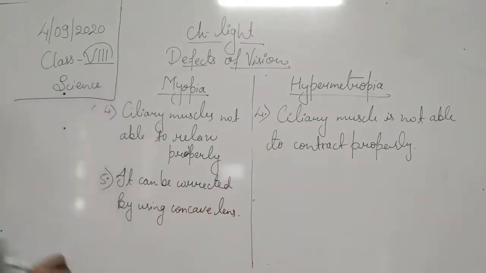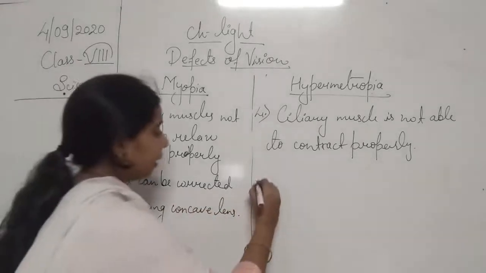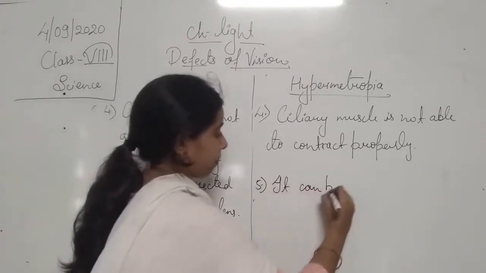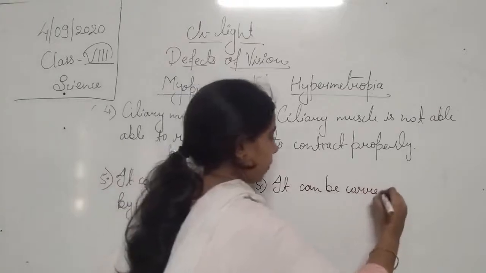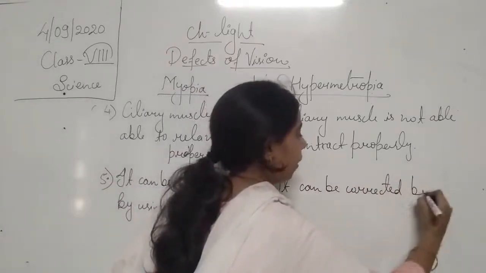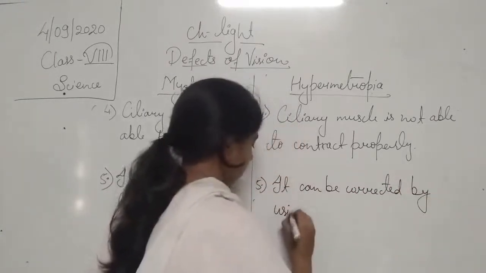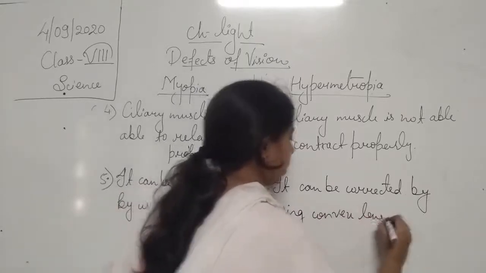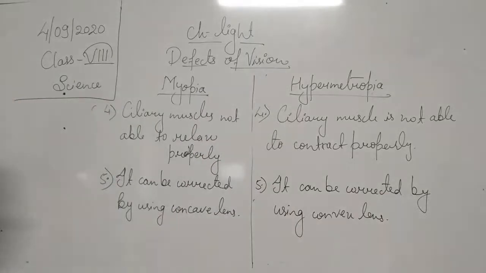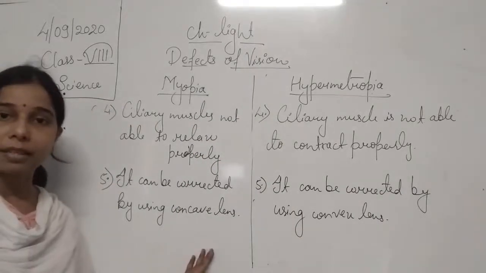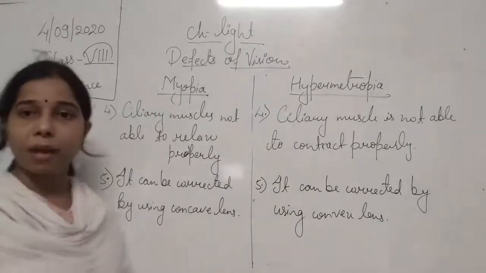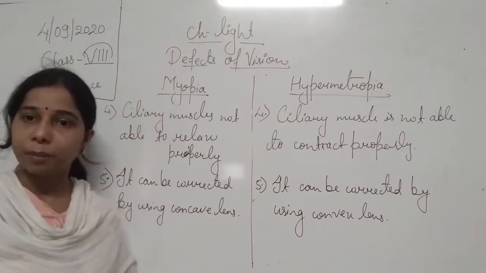And here we can write it can be corrected by using convex lens. So one can be corrected by using the concave lens and the other one can be corrected by convex lens. So this is the basic difference between myopia and hypermetropia.